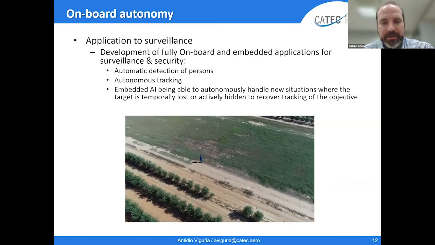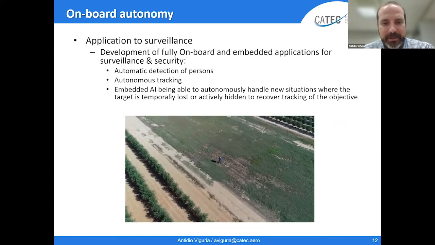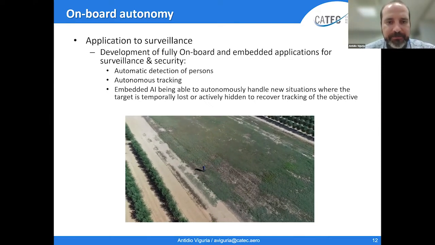Okay, so here you will see that it finds the person again and is able to track it again. And all this embedded artificial intelligence is something that we work on a lot at CATEC.